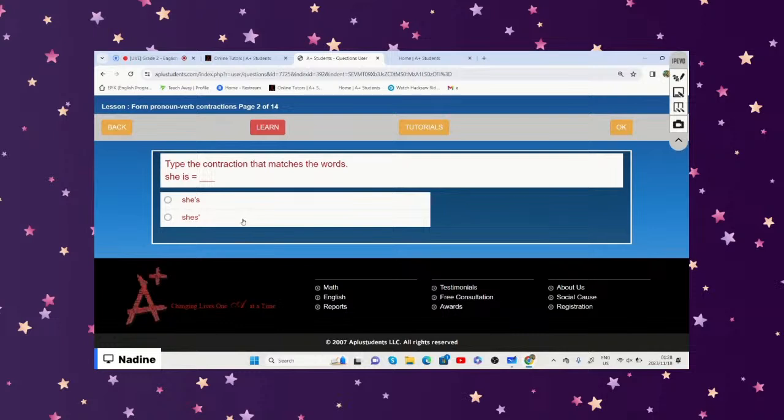Is option one our correct contraction or is option two our correct contraction? So she's or she's. Let us at least try.